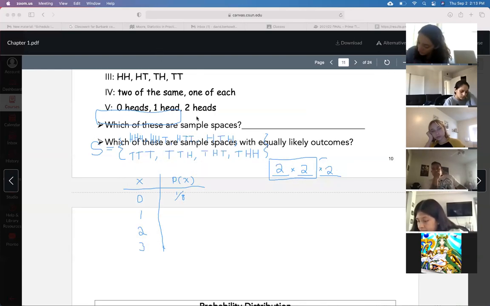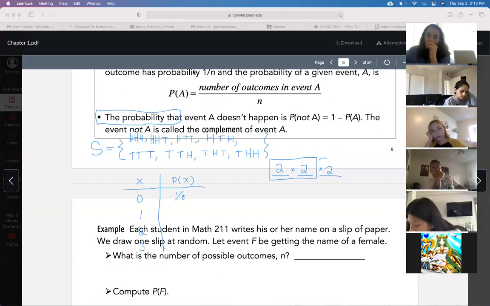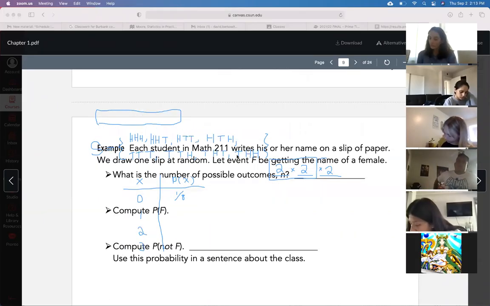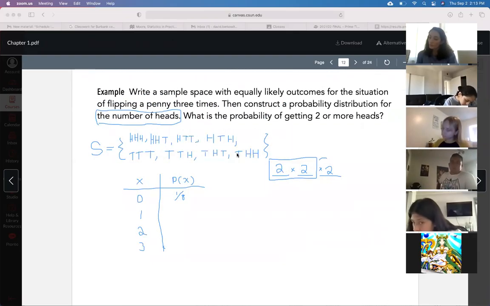For the probability of equally likely outcomes, you count the number of ways of getting what you want divided by the number of ways of having an outcome in general, the sample space size. So in this particular case, there's one way of getting 0 heads, but there's 8 possible outcomes, right? Hopefully, yes.